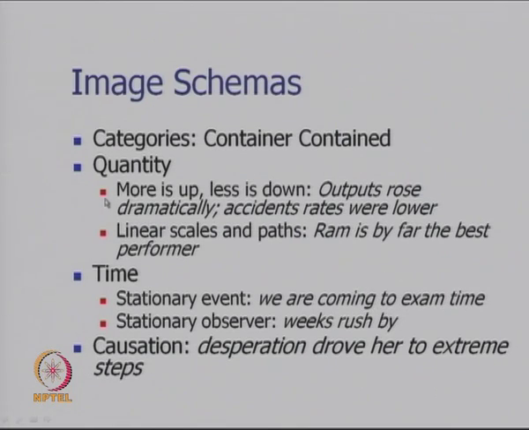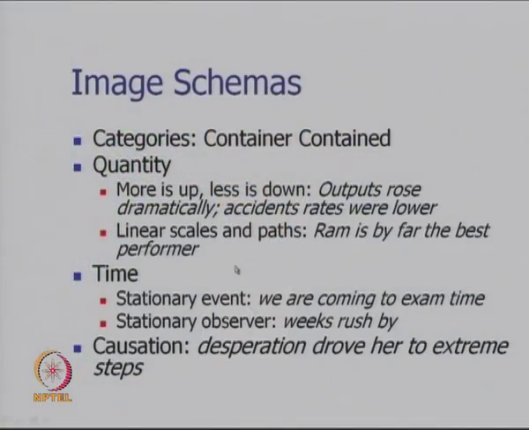This you realize is a very metaphorical situation. Whenever we refer to something increasing, we appeal to the image of something moving up, something going up. Whenever we want to describe a situation of decreasing, we appeal to the metaphor of down, a quantity going down.